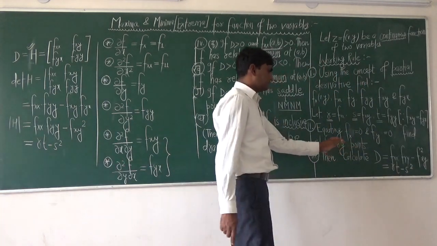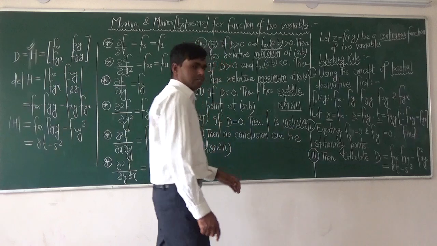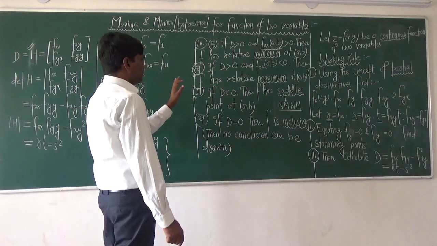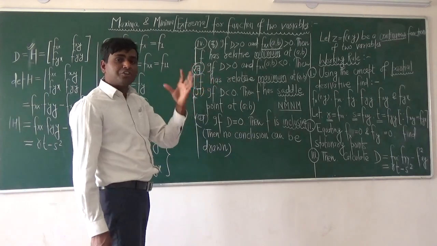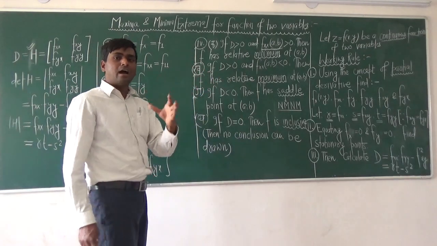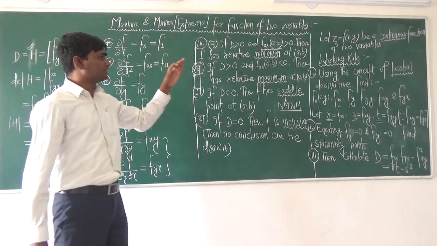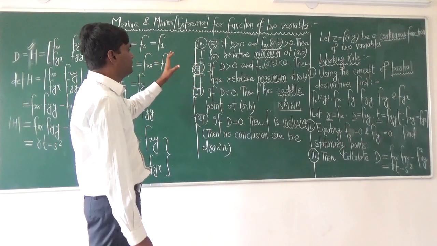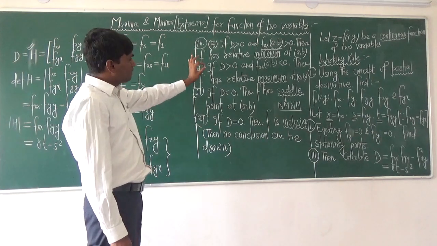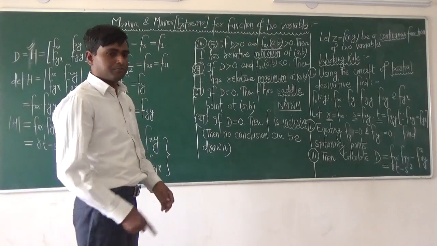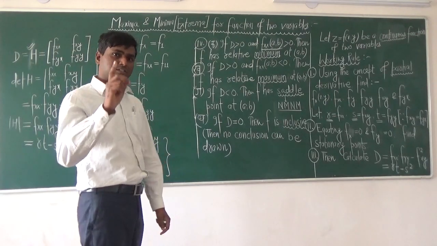Then we calculate D equal to rt minus s squared. In the fourth step, we see the nature of D, like the discriminant of a quadratic equation.